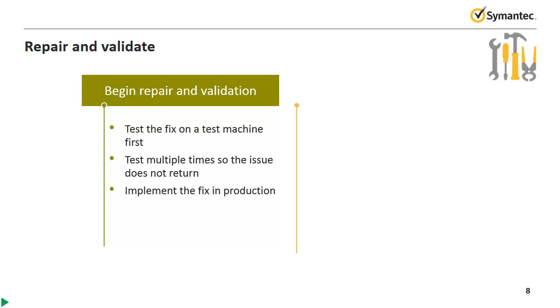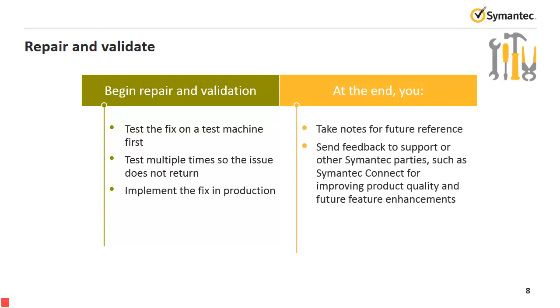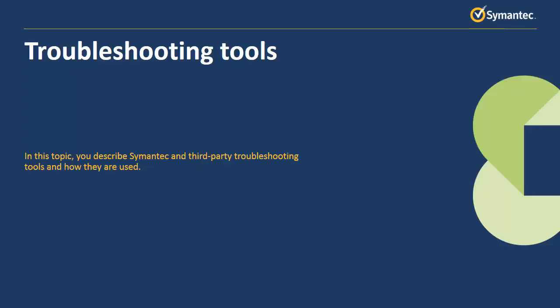It's a good idea to test multiple times to ensure the issue doesn't return, and then implement the fix in your production environment. At the end, you'll want to take notes and document for further reference. You can also send feedback to support and other Symantec parties, such as Symantec Connect.